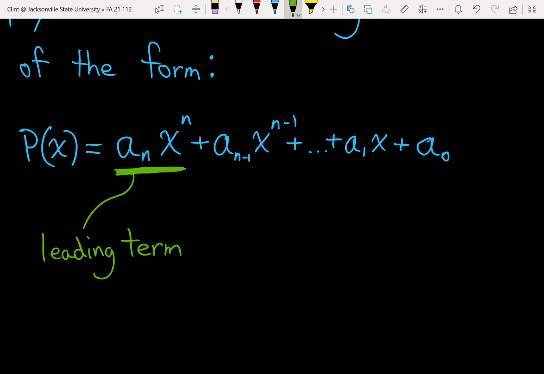And specifically, whatever our largest exponent is with an x, that was the number we were calling the degree of our polynomial. So the degree of a polynomial is just the largest exponent on a variable.